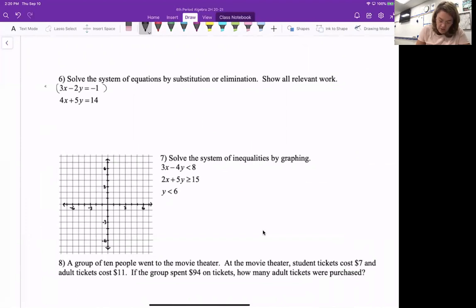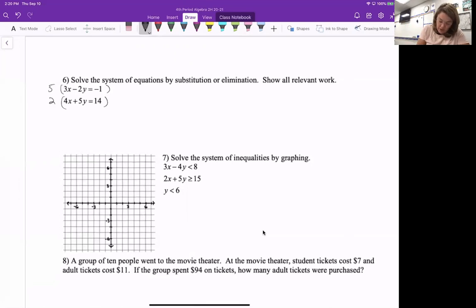So I'll multiply this entire equation by 5, and I'll multiply this entire equation by 2, because if I do that, the value of y will be 10 in both of them, and it actually works out great because one's negative, one's positive. So I have to multiply every single term in that equation by 5, and I will get 15x minus 10y equals negative 5.